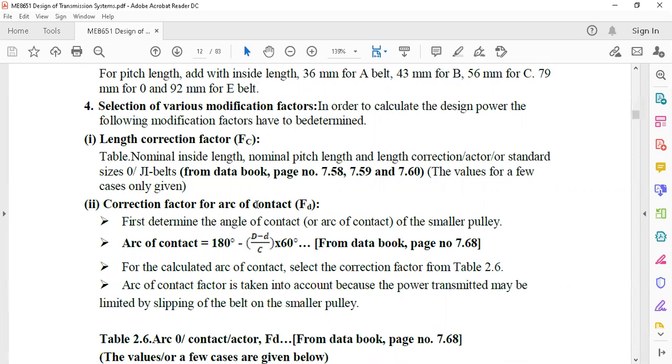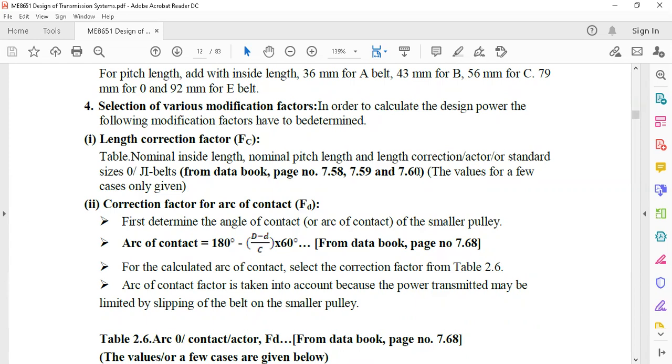For the corrected values, taken from page numbers 7.58, 7.59 and 7.60, for the nominal inside length, nominal length, and the length correction factor or standard size. All this data is available at page numbers 7.58 to 7.60.